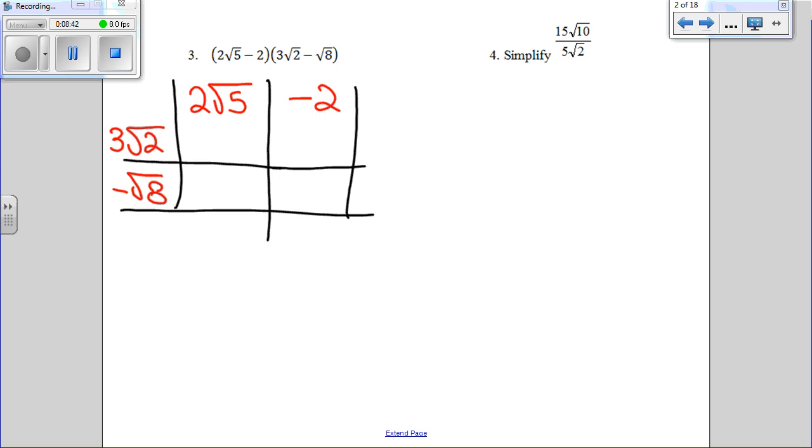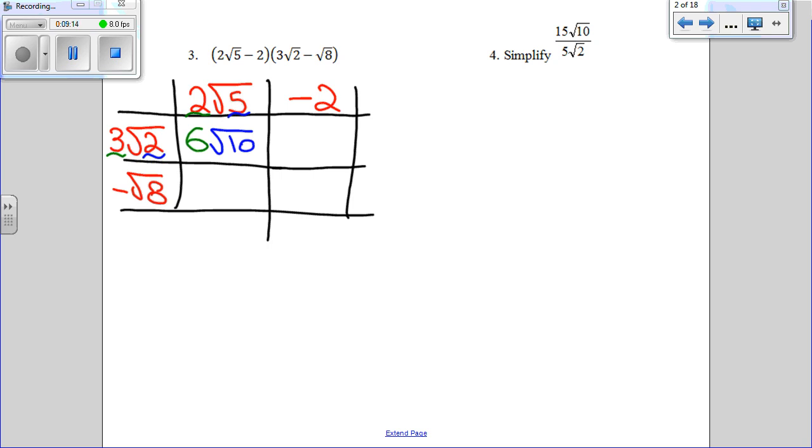In that area diagram, you fill in each space. When you're filling in each space, you go numbers with numbers. In this case, it's now coefficient with coefficient. So 3 times 2 is 6. And then you do radicands with radicands. 2 times 5 would then become 10. Notice that it's still a square root. It's not a 4th root or a 5th root or something crazy like that. The index stays the exact same.